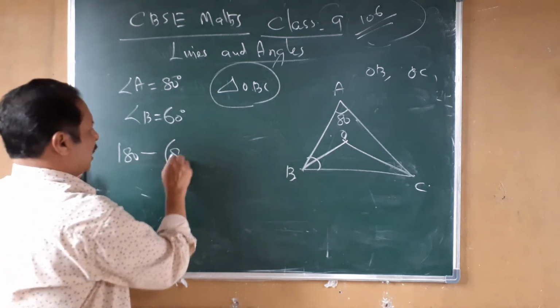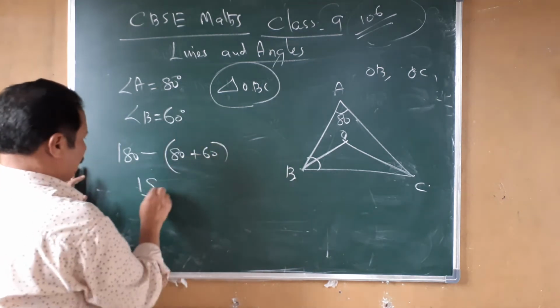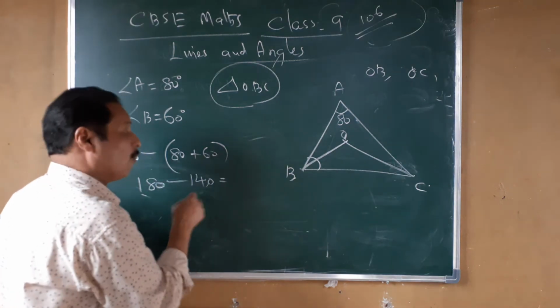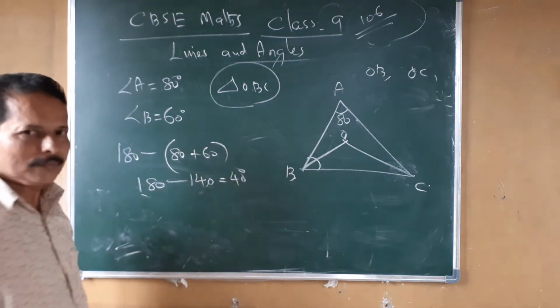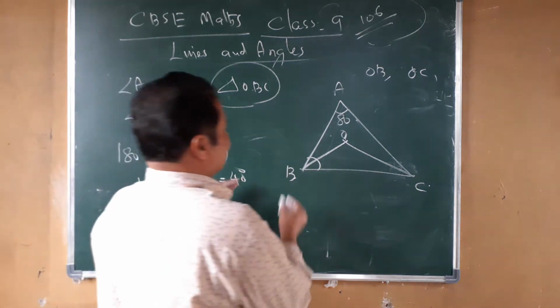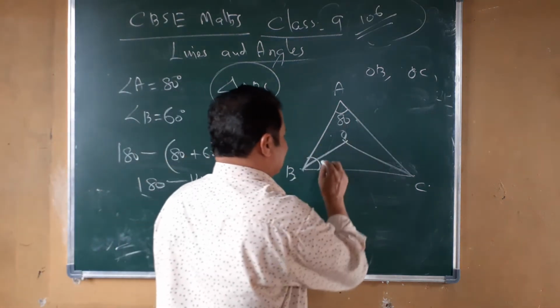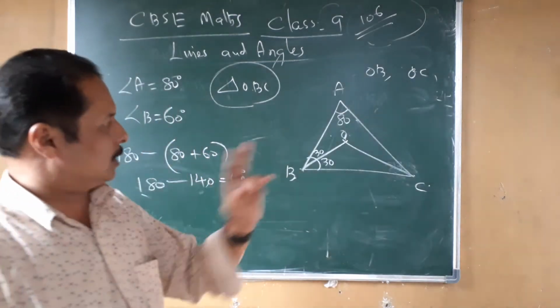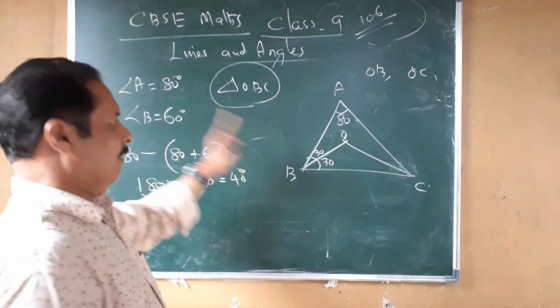Two angles are 80 and 60. So the third angle is 180 minus (80 plus 60), that is 180 minus 140, which gives 40. Is that clear? Bisector means if this angle is 60, it is divided into two equal parts, 30 and 30. That is 60 divided by 2.